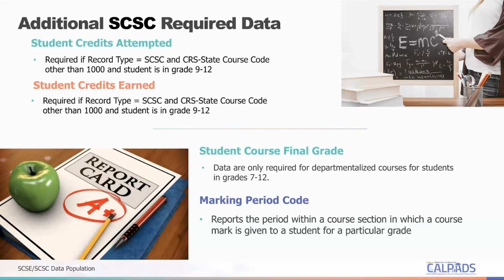Data are only required for departmentalized courses for students in grades 7 through 12. And the last data element on this slide is the marking period code. This element is used to report the period within a course section in which a course mark is given to a student for a particular grade.